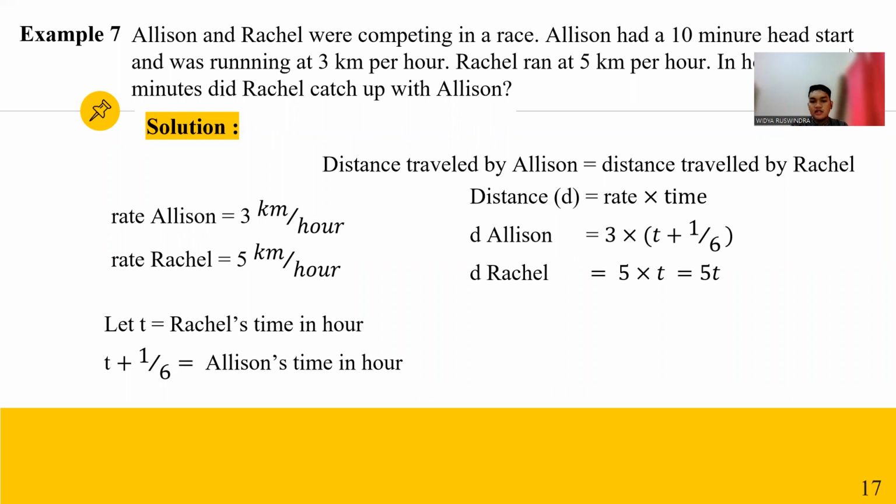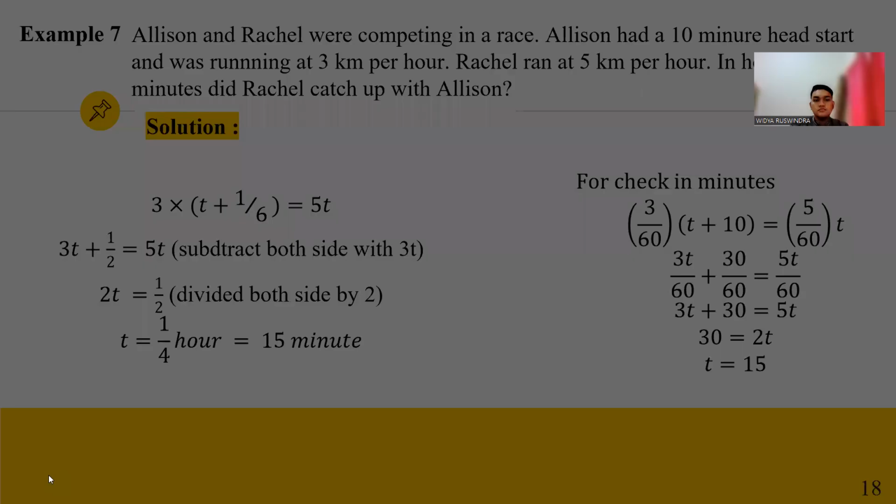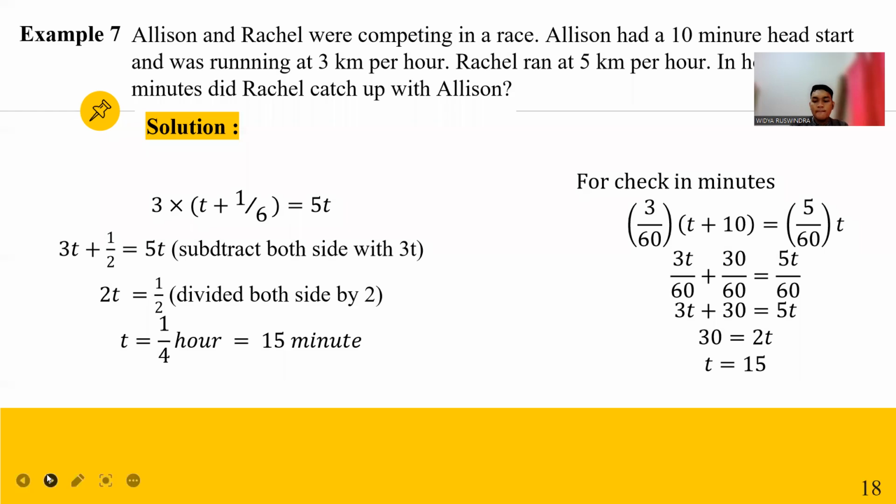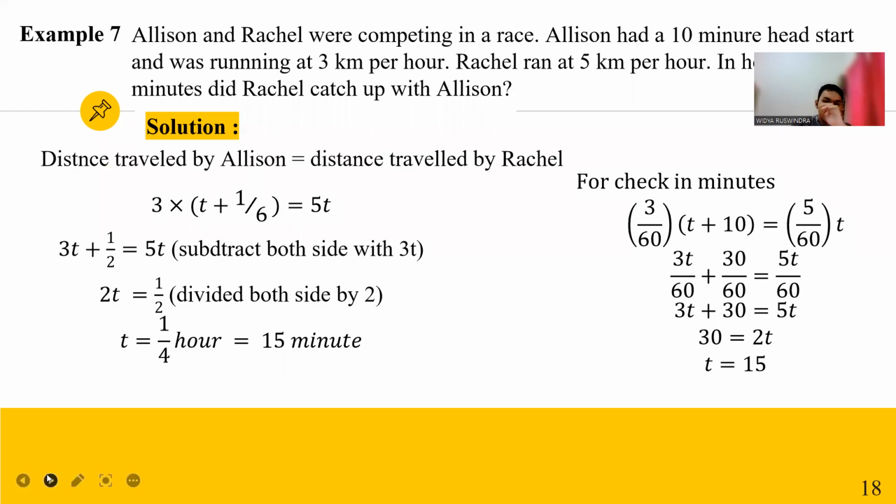So we get the distance of Alison is 3 times parenthesis t plus 1 per 6, and the distance of Rahel equals 5 times t, equals 5t. So the distance traveled by Alison equals the distance traveled by Rahel: 3 times t plus 1 per 6 equals 5t.